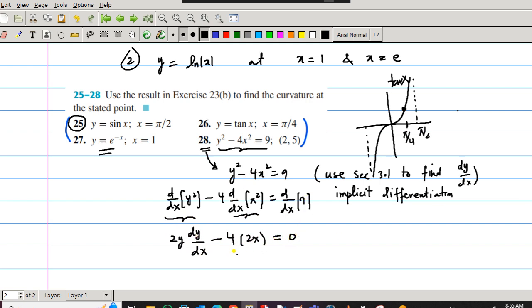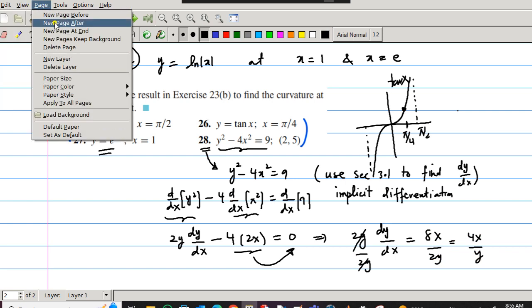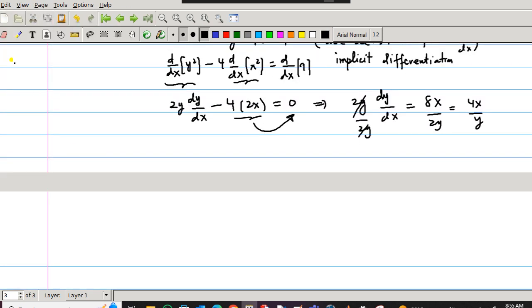From here, this is 8x. If I send it over there, I get 2y dy by dx is equal to 8x. Now divide by 2y. So dy by dx is 4x by y. That is your derivative. This is called implicit differentiation that we studied in 3.1.